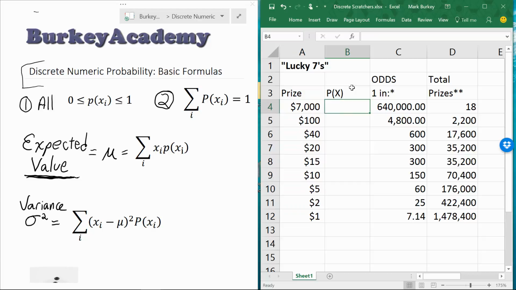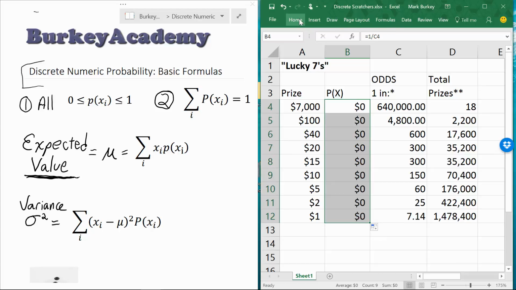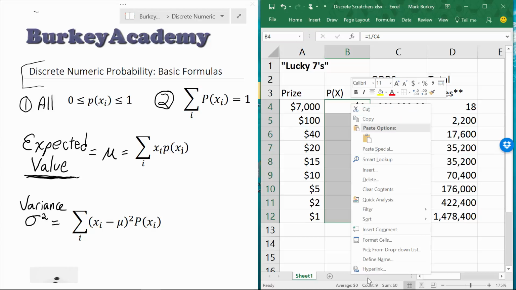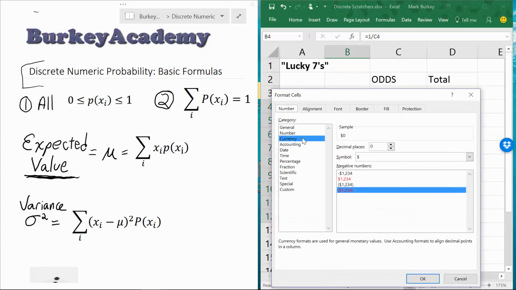The outcome of this discrete process is going to be one of these possibilities. If we calculate the probabilities, this equals 1 divided by the odds. Okay, so 1 divided by C4, and that should not be in dollars. Let me fix that for us real quickly here. So I'll just right click, format cells, and we want a lot of decimal places since these are very small numbers, and this is not currency.